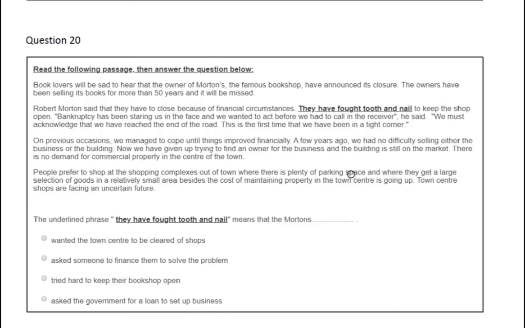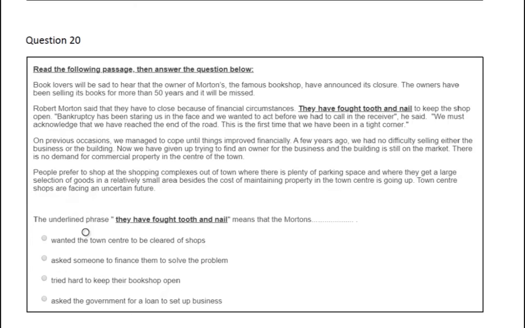They have no difficulty to park their cars, and they get a large selection of goods in a relatively small area. Besides, the cost of maintaining property in the town center is going up. These are the reasons why this bookshop announces its closure. Town center shops are facing an uncertain future.